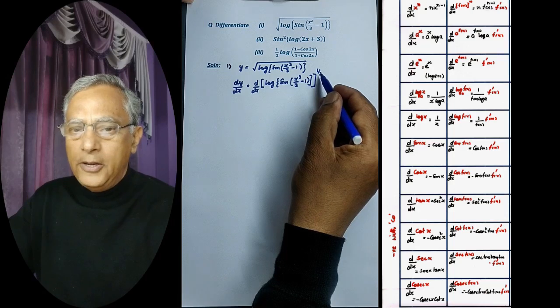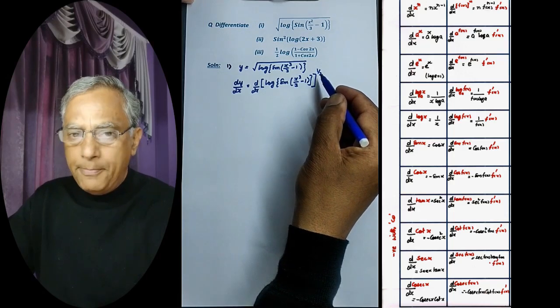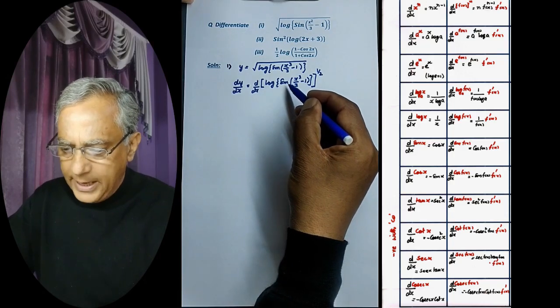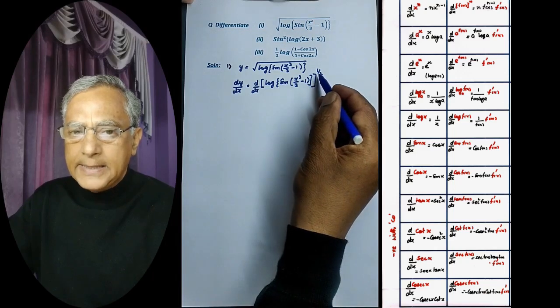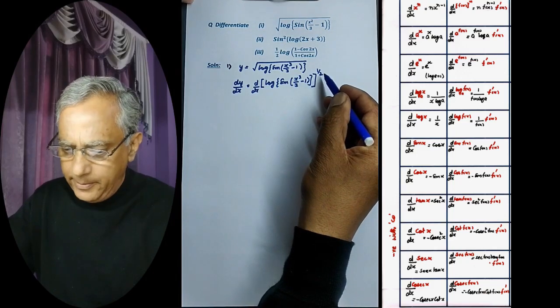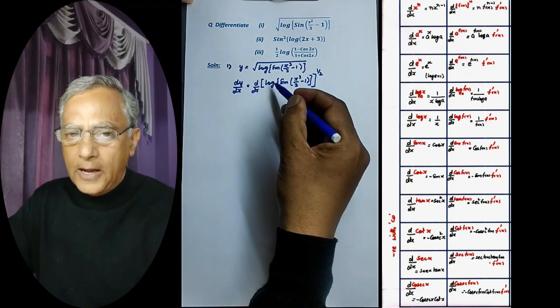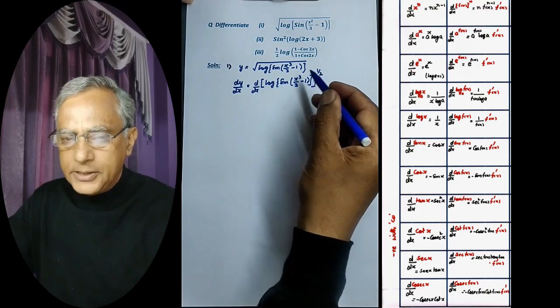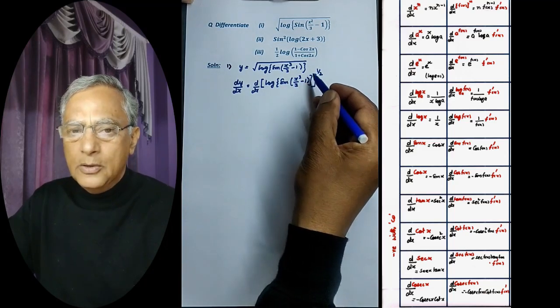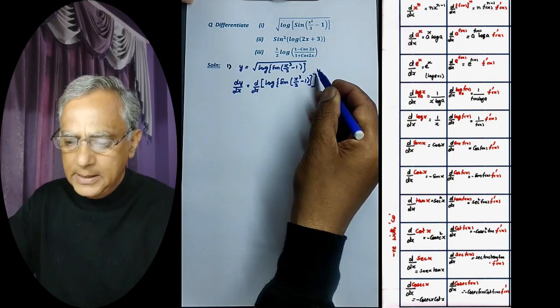So first we will use the power rule. D by dx of x to the power of n is n x to the power of n minus 1. So d by dx of f x to the power of half will be half f x to the power of half minus 1. Half minus 1 is minus half.